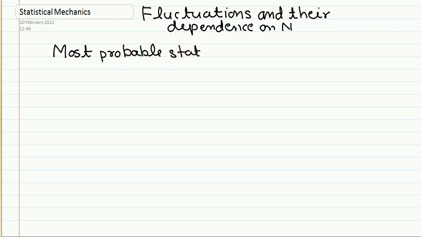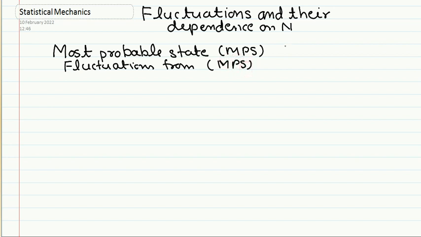In any distribution, we have a most probable state, and there will be a certain probability for that most probable state, and then we will calculate the fluctuations from the most probable state. Here we can calculate the probability for the most probable state, and here we can calculate the probability for the fluctuation.